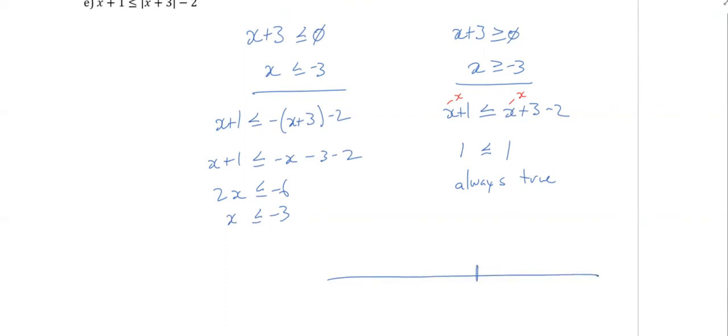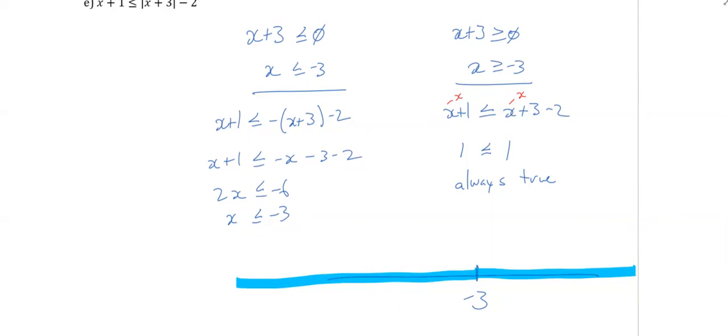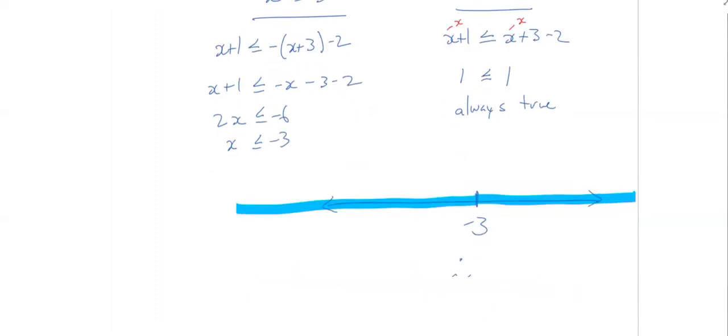So if I split it up at negative 3, this one is all the values below negative 3, and this is always true when x is bigger than negative 3, so all those. So that's our solution.